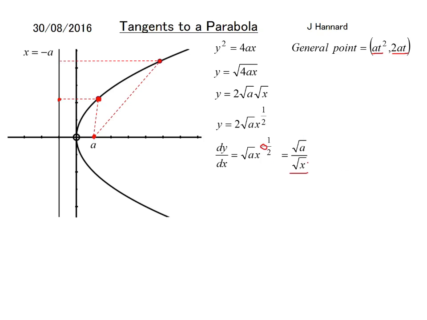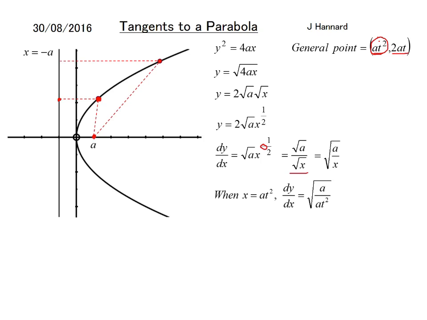And to find the gradient at a specific point, we put our x coordinate through. By the way, you can rewrite that as the root all over and call it root of a over x.